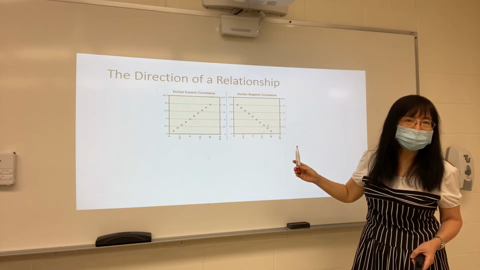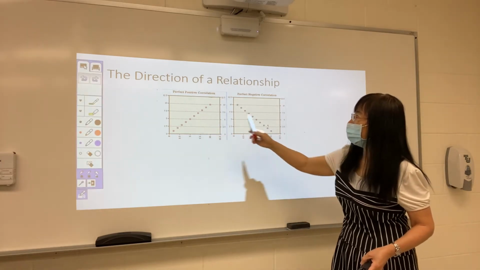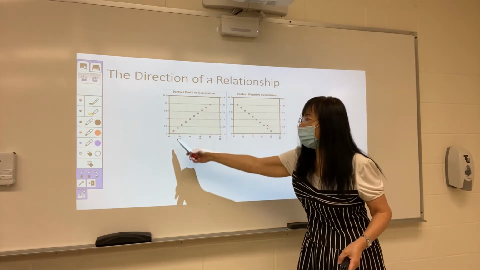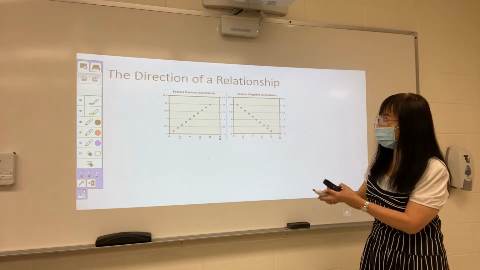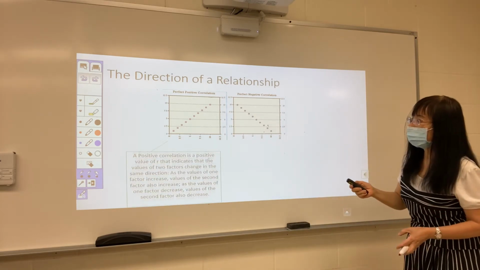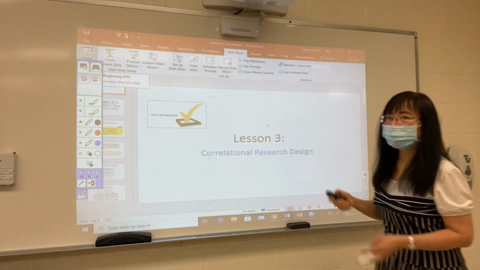Which one is positive, this one or this one? This one, right? More is better. This one is more is worse. So that is the direction, positive and negative.